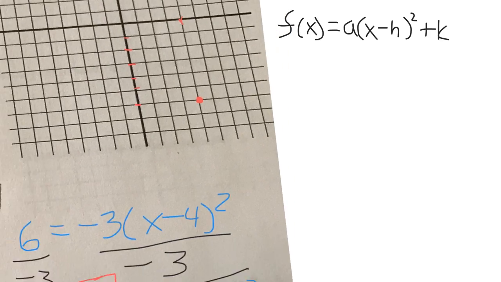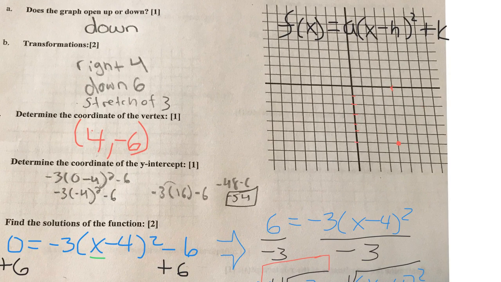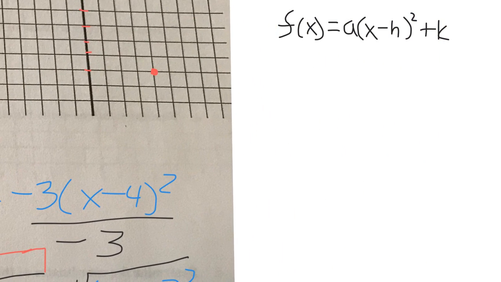What we are dealing with is a parabola that has a stretch of 3, which basically means we would take what used to be a point here and a point here, and we're stretching it in this direction downward. So instead of going over 1, down 1, it's going to be over 1, down 3. All right? So the point's going to be there instead.